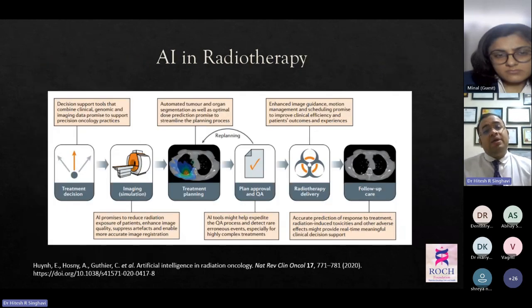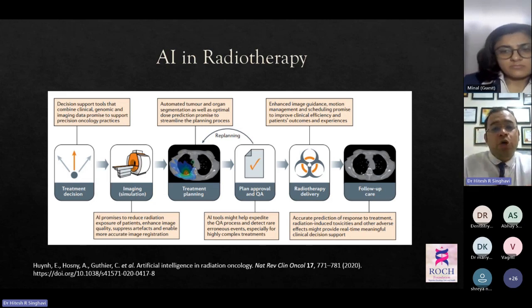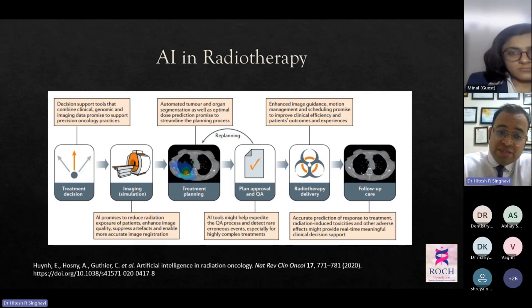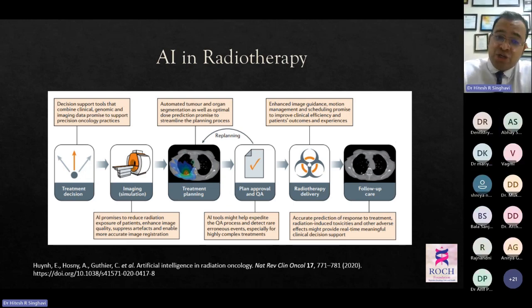Next is AI in radiotherapy. So these are different stages at which the radiotherapy works. The first is treatment decision. AI can help combine clinical, genomic, and imaging data to support precision oncology practice. It can reduce radiation exposure of patients, enhance image quality, suppress artifacts, and enable more accurate image registrations.